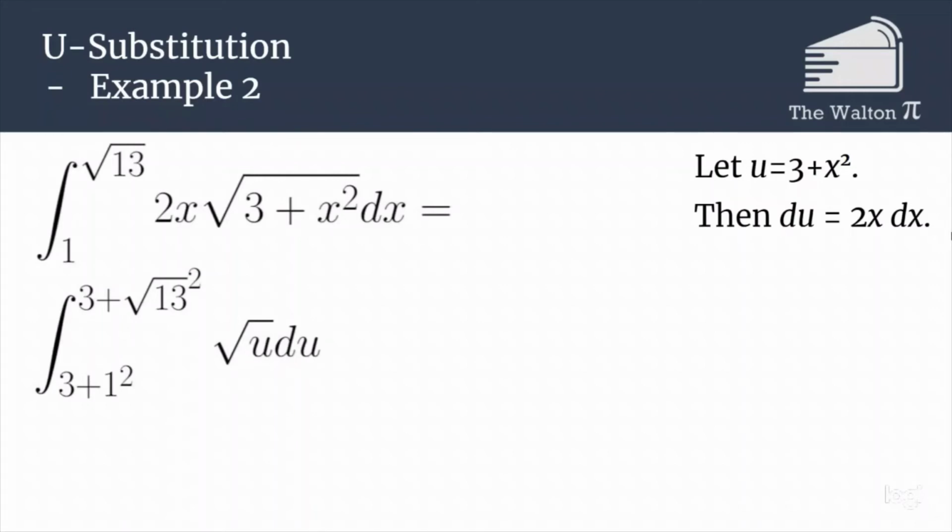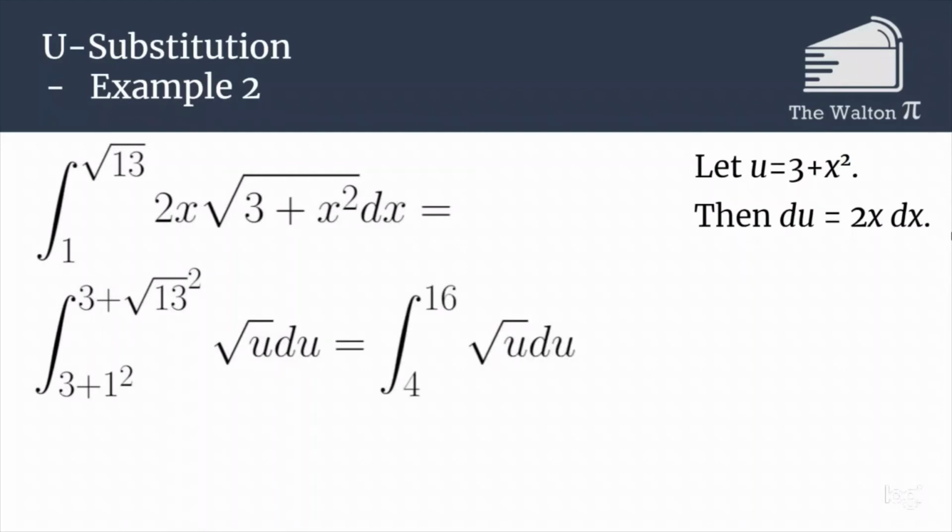Now our important change is that our bounds are now what our u function is at our x values. So when x was 1, u is going to be 3 plus 1 squared. And when x is the square root of 13, u is 3 plus the square root of 13 squared.